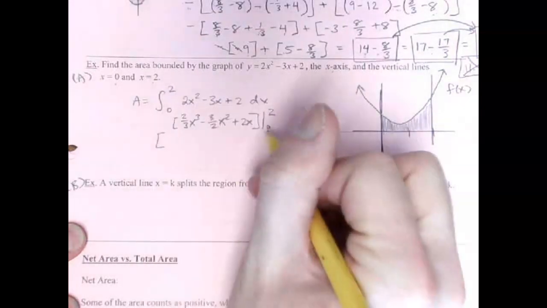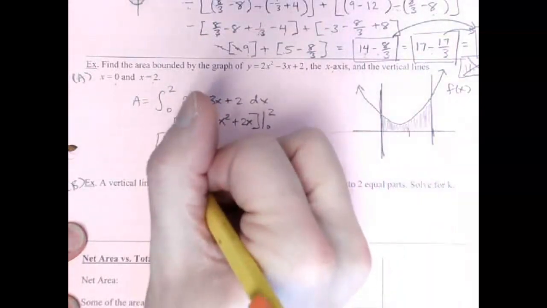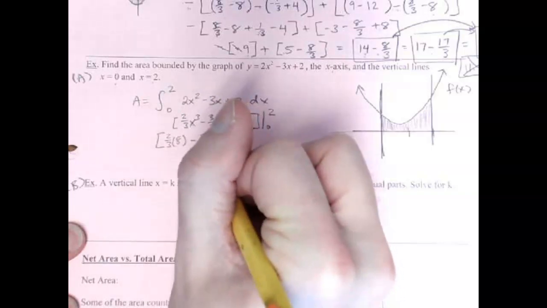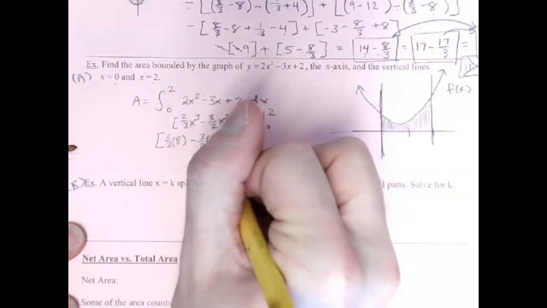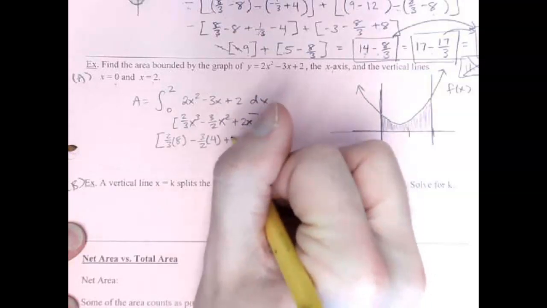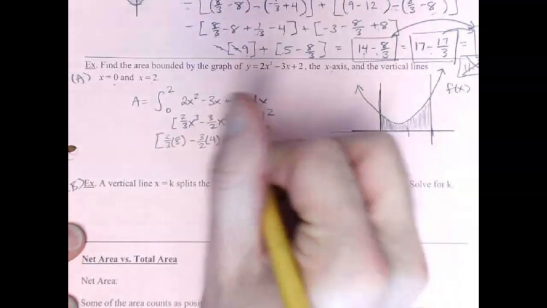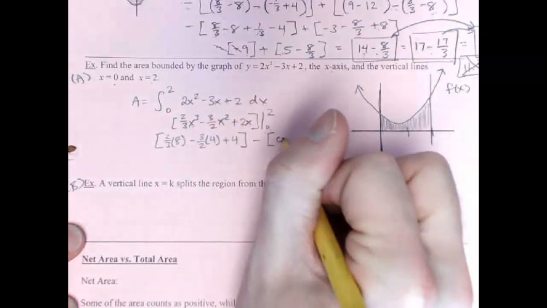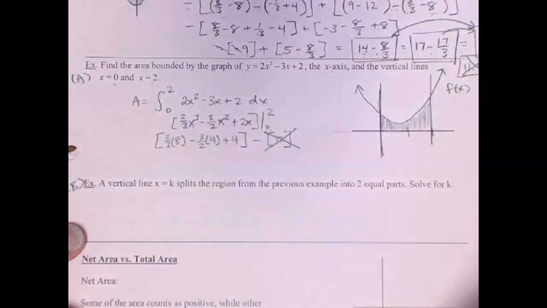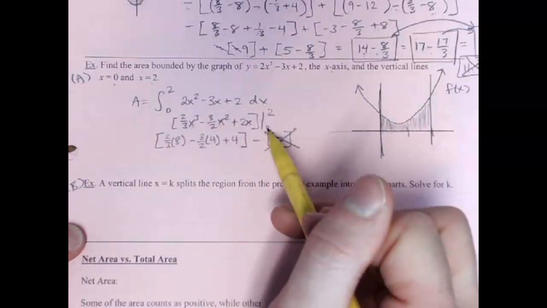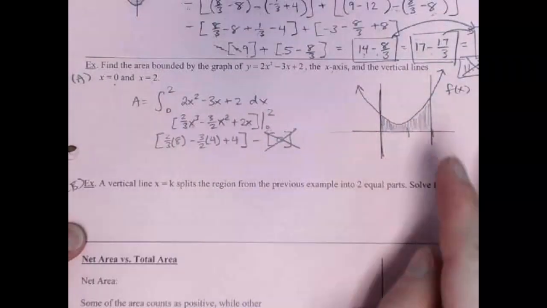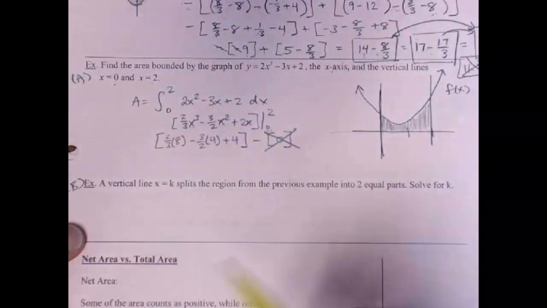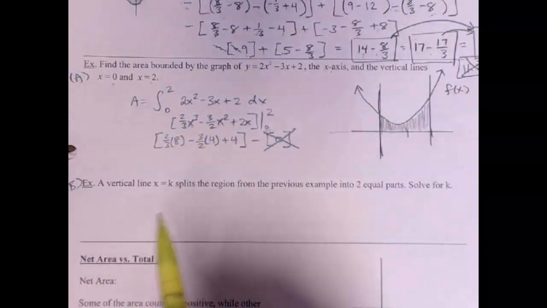If I plug in 2, we're going to have 2/3 times 2 to the 3rd power, which is 8, minus 3/2 times 2 to the 2nd power, which is 4, plus 2 times 2, which is 4. And if you were to plug in 0, all those terms have an x, so they're all going to go away. That's really nice. Just because you see this, don't assume that the lower evaluation is always going to cancel. It does quite a bit, but not always. So just be careful.